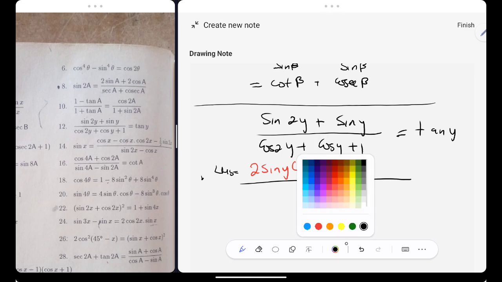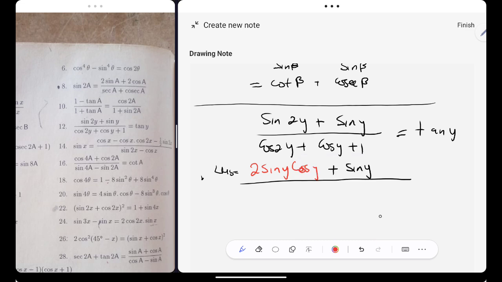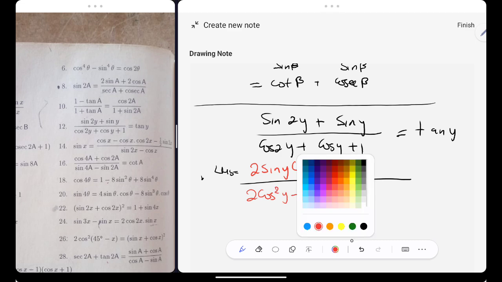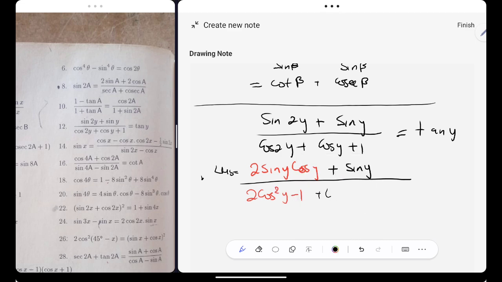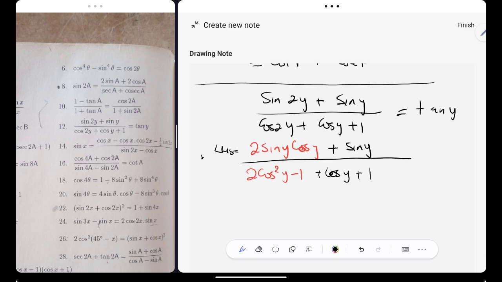So I'll choose an identity with a negative 1 since there is a positive 1 there in that statement. I'll simply say 2 cos squared y minus 1. I have a plus cos y plus 1. And another thing that could have hinted that I should change to 2 cos squared y is because I already have a cos there at the bottom, so I can just change into 1 trig ratio.